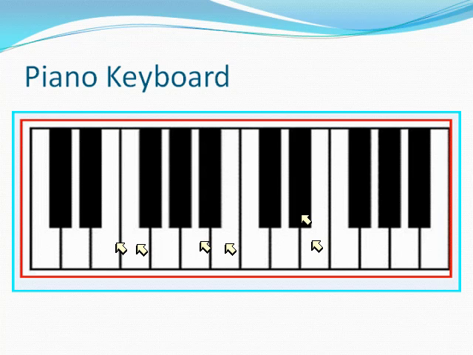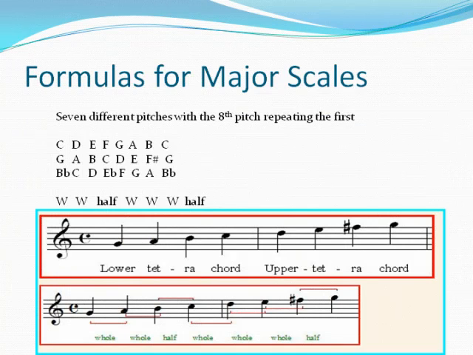I suggest that as you're trying to learn scales and how to build scales and understand them, that you use the keyboard or the cutout that came with your book, and you have that visual to help you with understanding. We just talked about a C major scale when we were doing the sight singing exercise. And a major scale is 7 different pitches with the 8th pitch repeating the first.